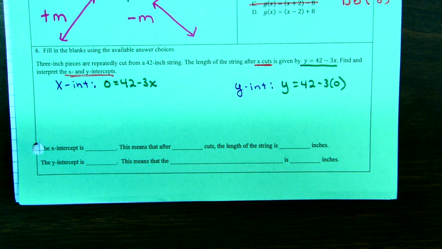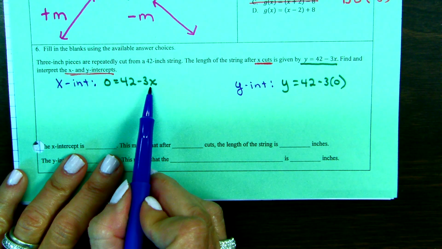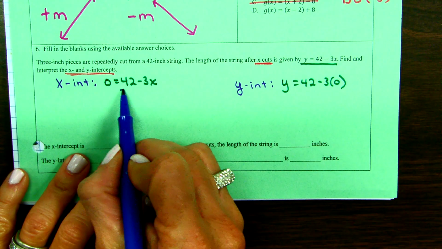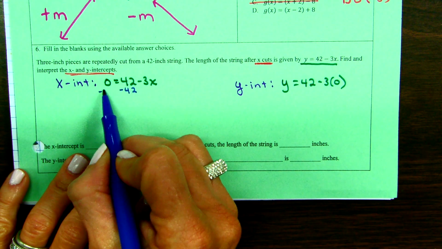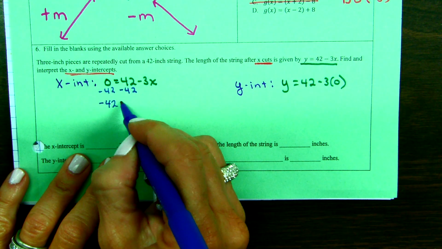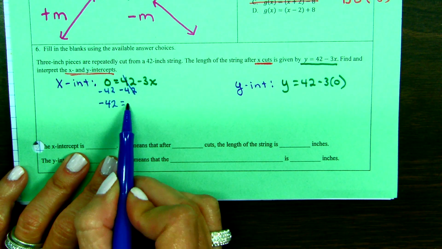Then I simplify them. For my x-intercept problem, I'm trying to get x by itself. That means this 42 has got to go, so I subtract 42 from both sides. Don't forget, guys, there's a negative in front of that 3.